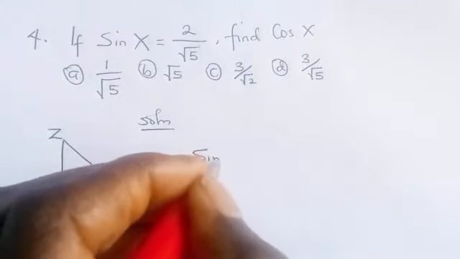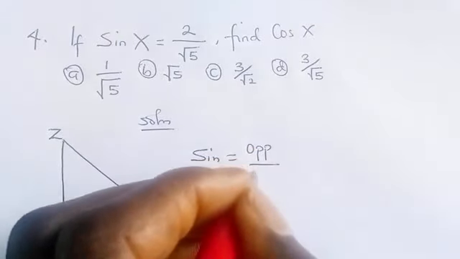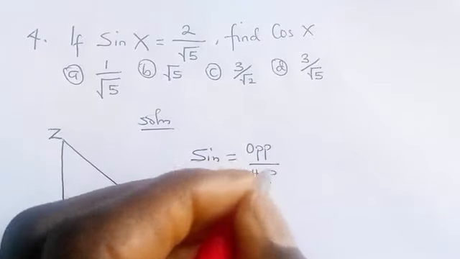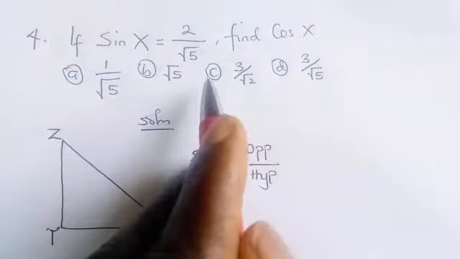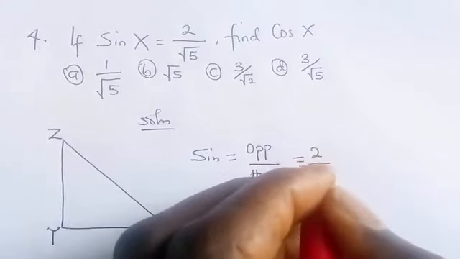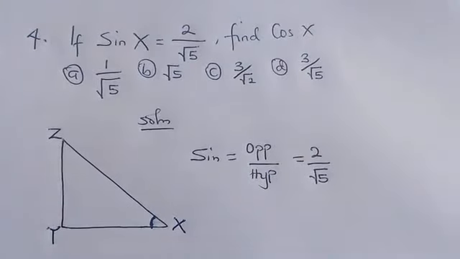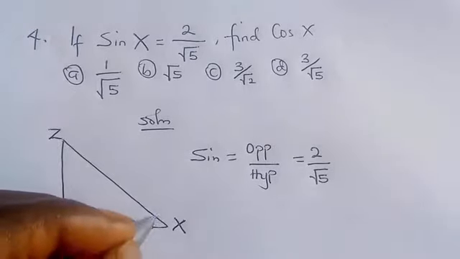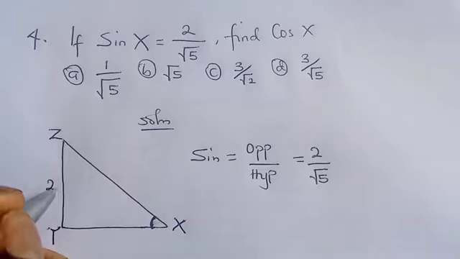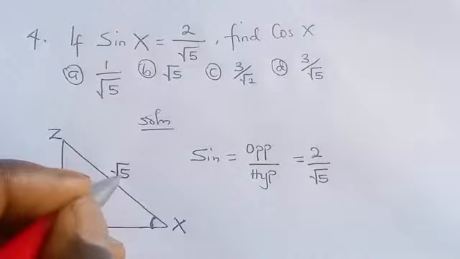And sine of an angle is equal to opposite over the hypotenuse. Based on the information provided here, our opposite is 2, while our hypotenuse is root 5. So on the side opposite to angle x we are going to have 2, while the hypotenuse will be root of 5.